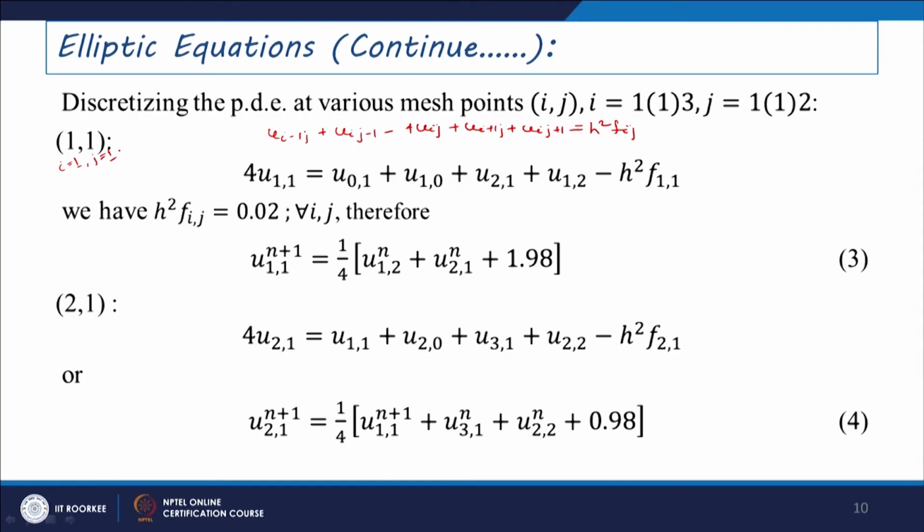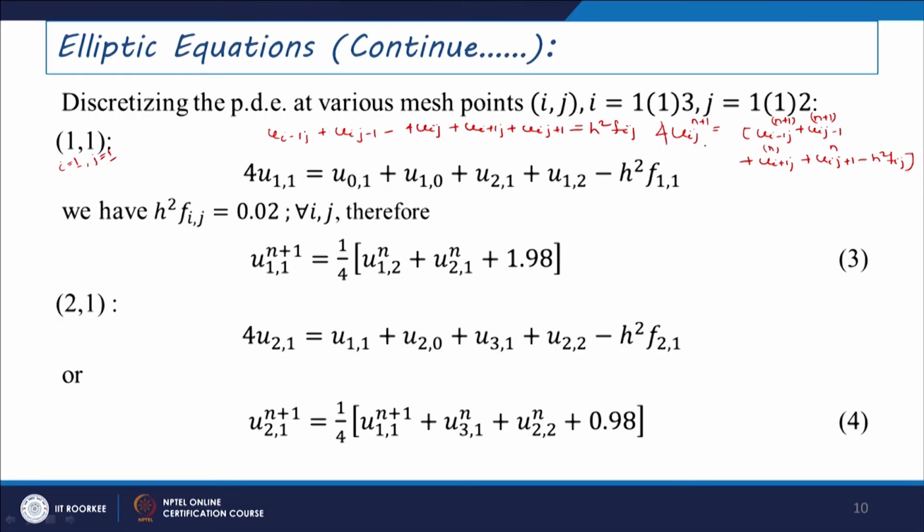If you separate this term, the form of u(i, j)^(n+1) is written as 1/4 of u(i-1, j)^(n+1) plus u(i, j-1)^(n+1) plus u(i+1, j)^n plus u(i, j+1)^n minus h² f(i, j). If you multiply 4 to this side, we can write this as 4 u(i, j)^(n+1) in this form.